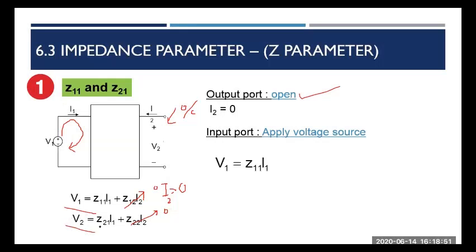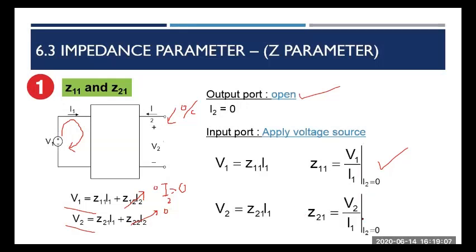So now you have V1 equals to Z11 I1. By rearranging this equation, you should get your Z11. V2 is Z21 I1, and you already have I1 in terms of V2, so we can solve for Z21.